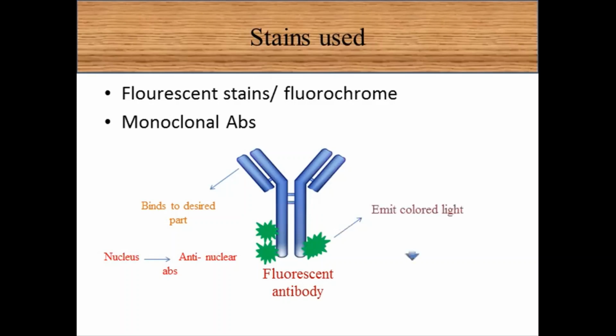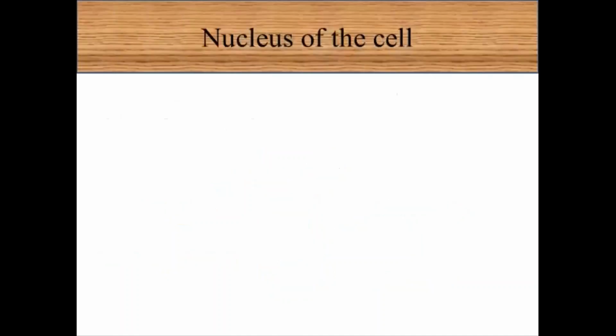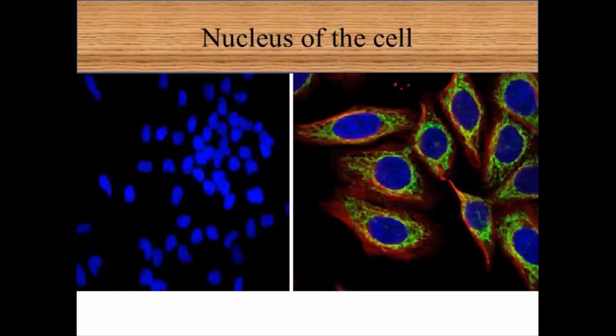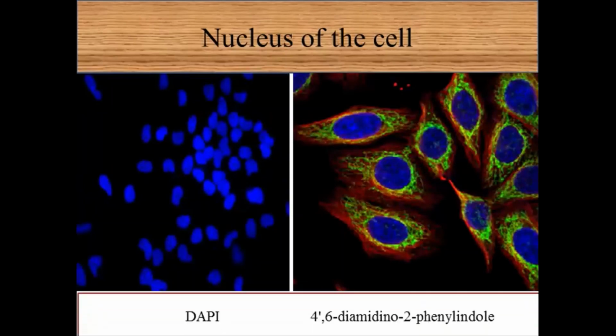So the fluorochrome emits colored light, and we call it fluorescence. Here is the nucleus of the cell that is stained by a fluorochrome, that is DAPI.